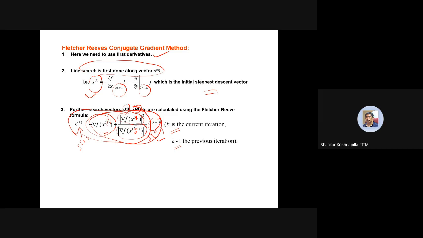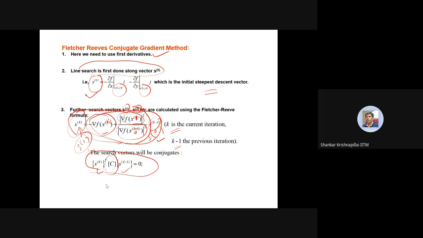All these things have to be substituted in this complicated equation, and then you get the next search vector. This search vector has to be substituted in the objective function, and you have to do the next line search. Then just like Powell's method, these two search directions will be conjugate directions. That ensures that you will quickly reach the minima instead of zigzagging at right angles.